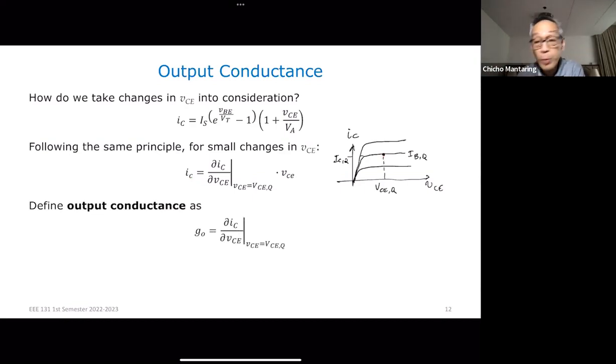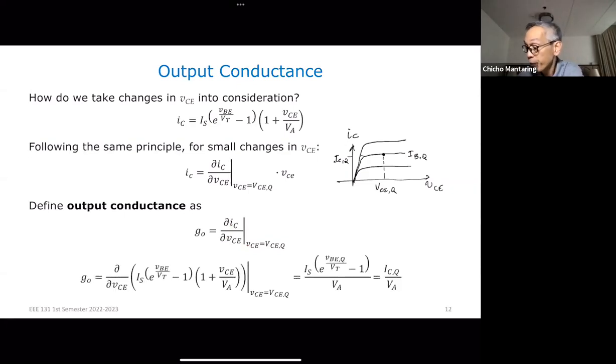Okay, we now define output conductance as the change in my output current with respect to my output voltage. Okay, IC over VCE, output current over output voltage, again evaluated at my Q point. So the unit for this is again going to be Siemens because it is current over voltage. So let me evaluate this.